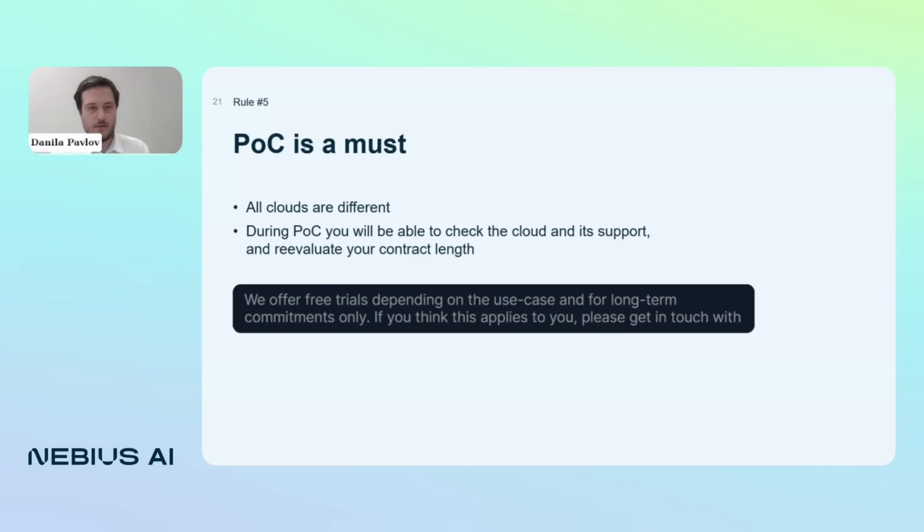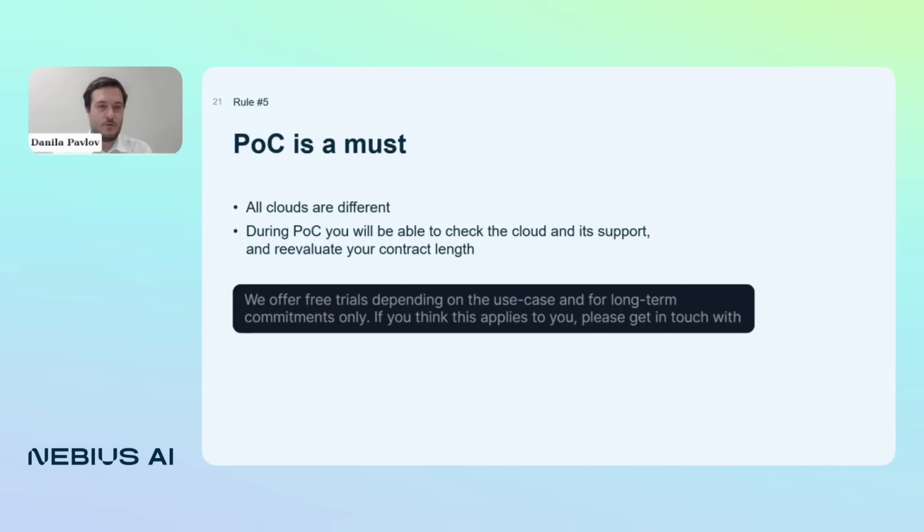So in the end, the cloud that can be higher in price can end up as a winner if you compare not the GPU price hour by hour, but your overall expenses for the whole period of training, or for example, the expenses for the whole inference if you're going to do that.